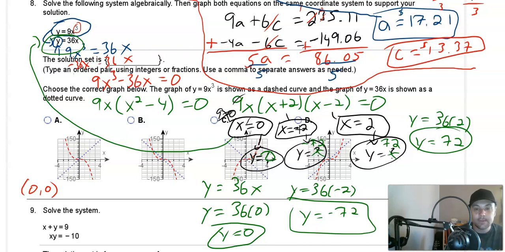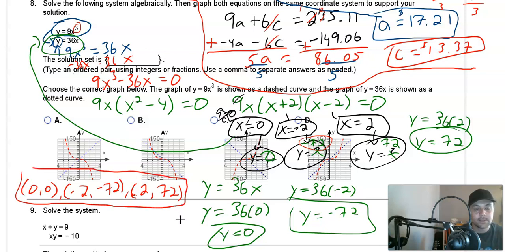You'll have -2, -72. Sorry, I couldn't quite see it there. -2, -72 would be another solution, pairing that x with that y. And +2, +72 would be another solution. And then you separate all those with commas. So this is how you would type it in to Math Excel.